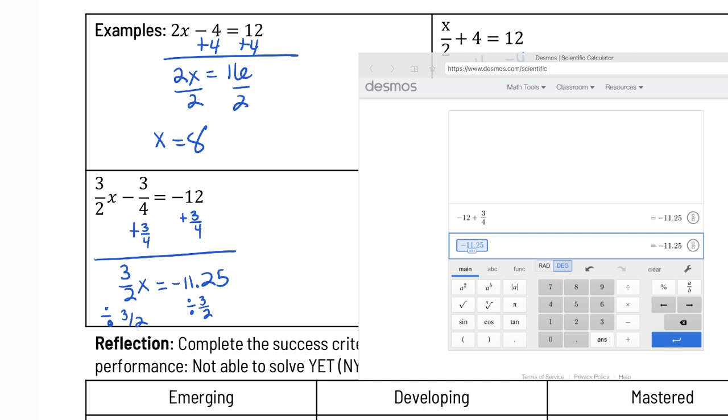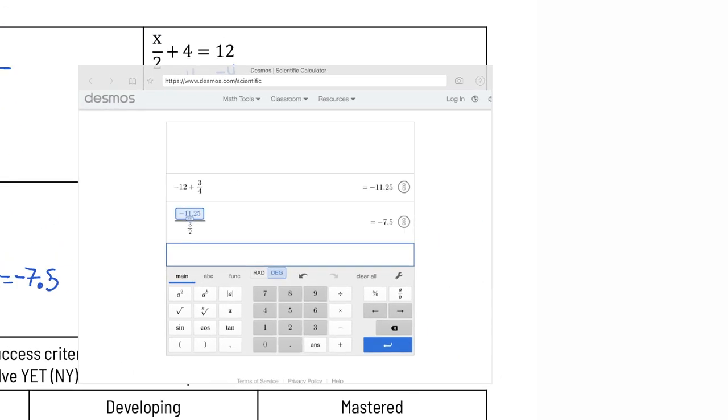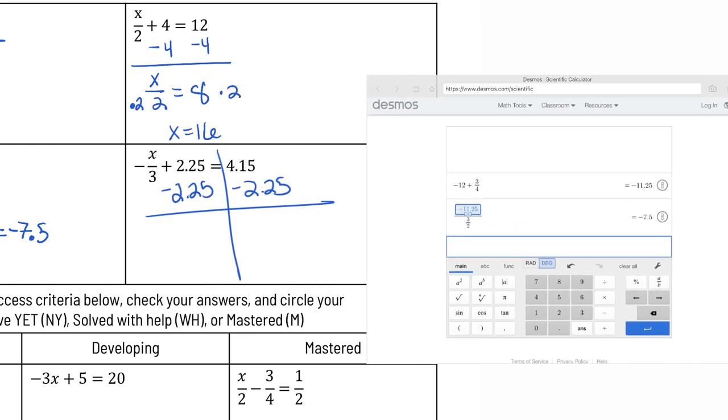Then we're going to divide by 3/2. So over on the side, you can see that negative 12 plus 3/4, then we're going to divide by 3/2 is negative 7.5.